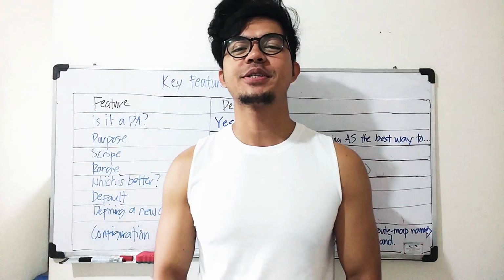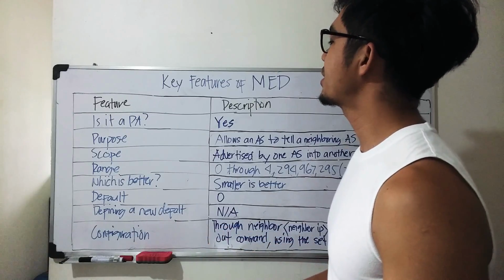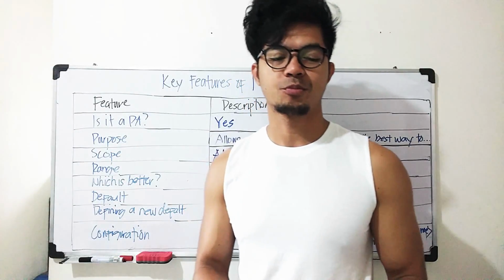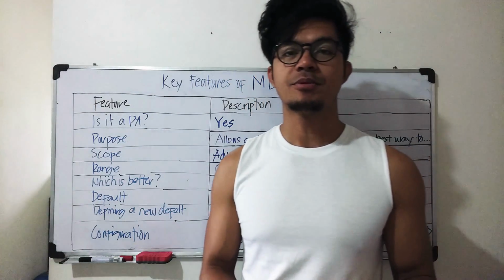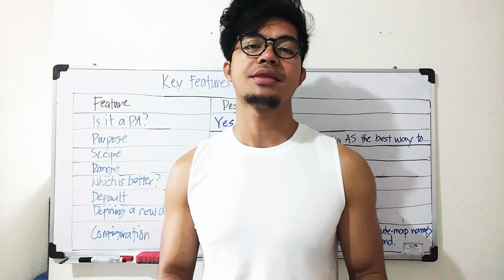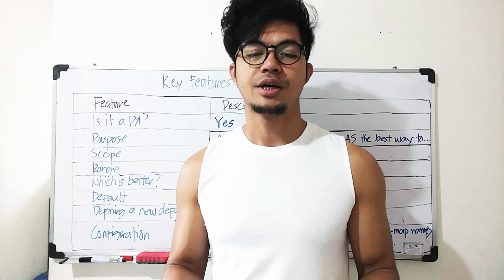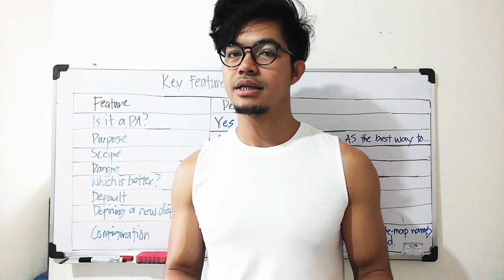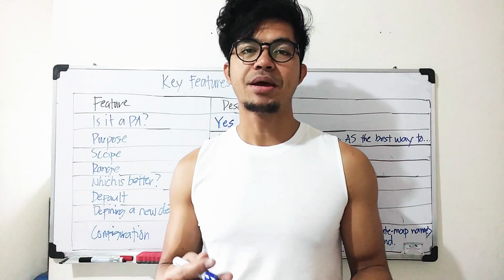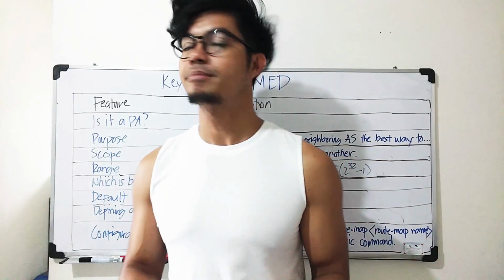In this video, I'm going to talk about the key features of MED. If you are trying to memorize the mnemonic that I talked about in the last video, the mnemonic is OMNI, and the M in OMNI is for metric, or MED.